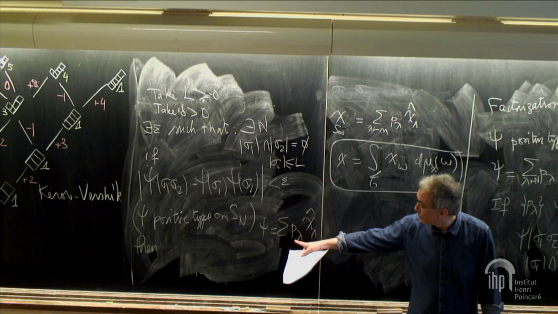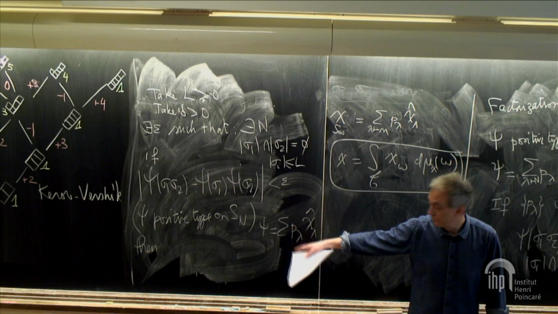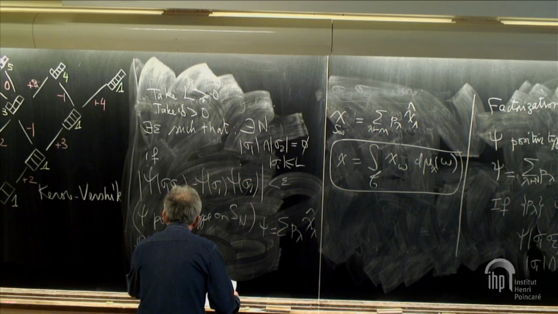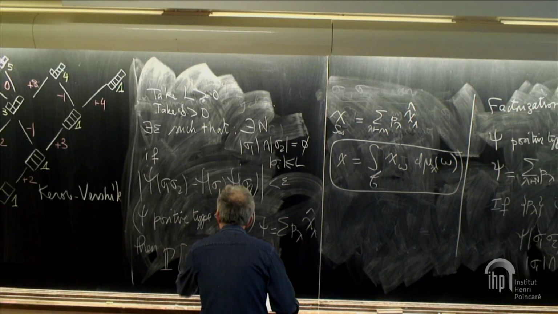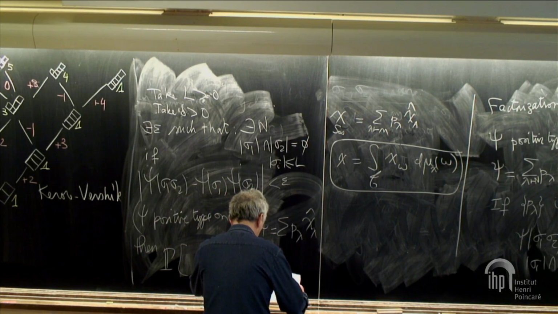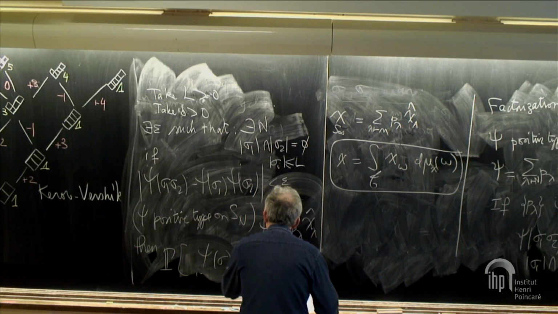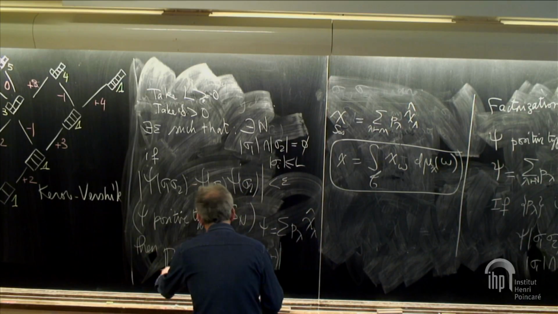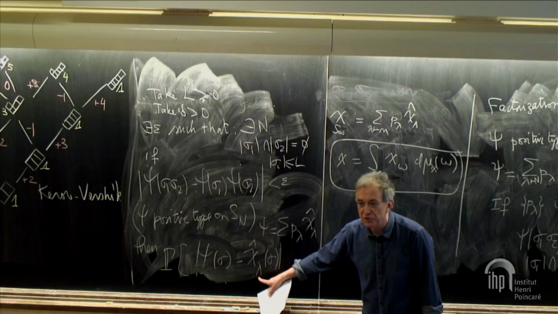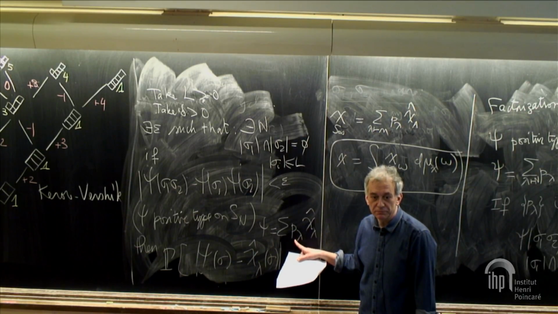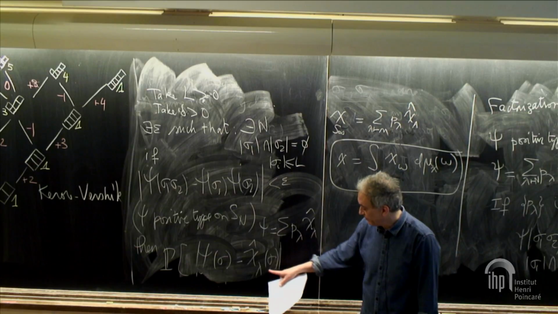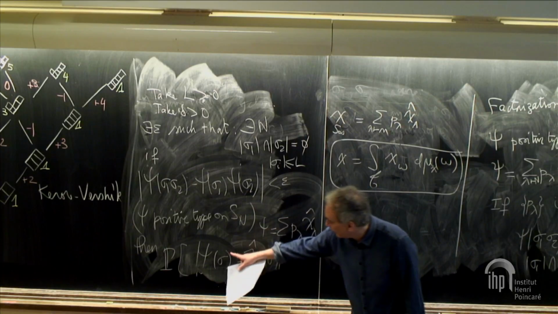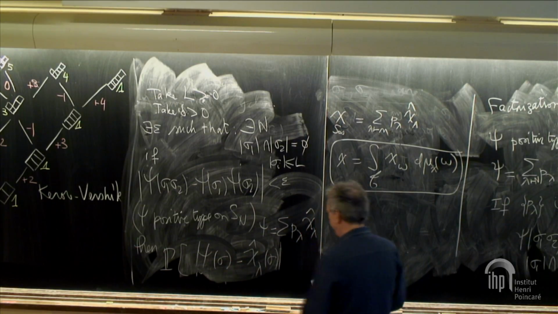What I claim is that this probability measure is concentrated. The random variable is lambda, which I take with the probability measure p lambda. This means that in my decomposition, p lambda will be concentrated around some values, and the values are just the values of psi.